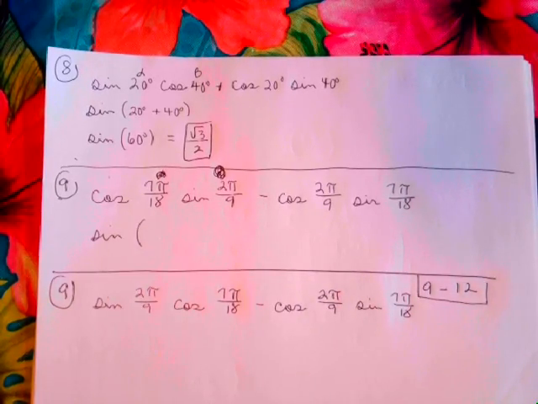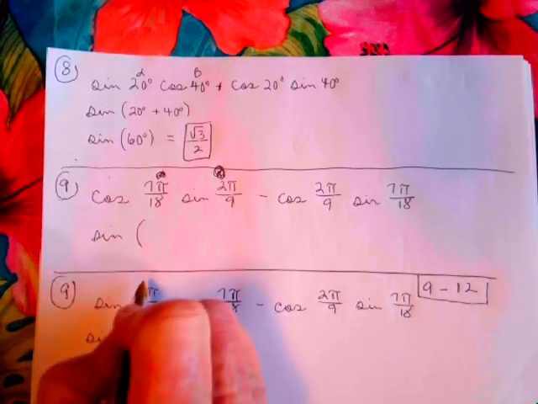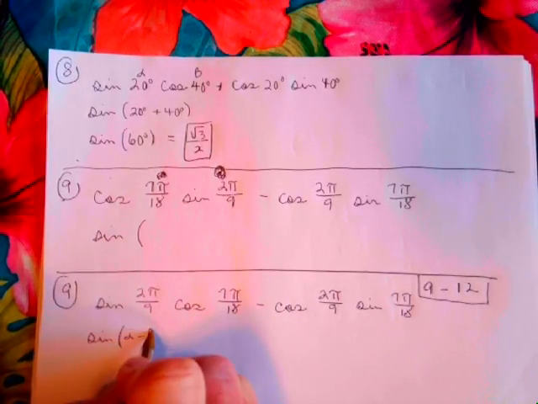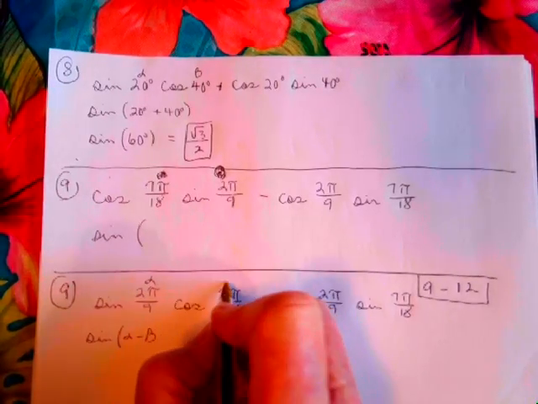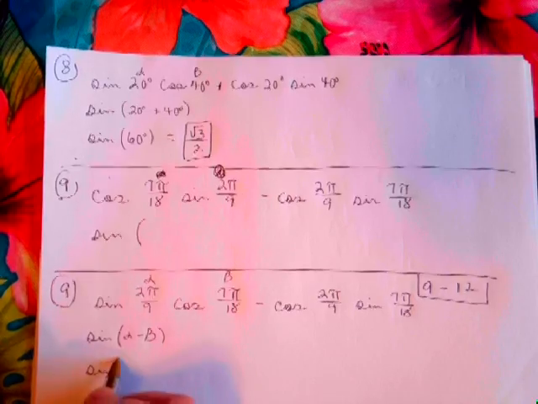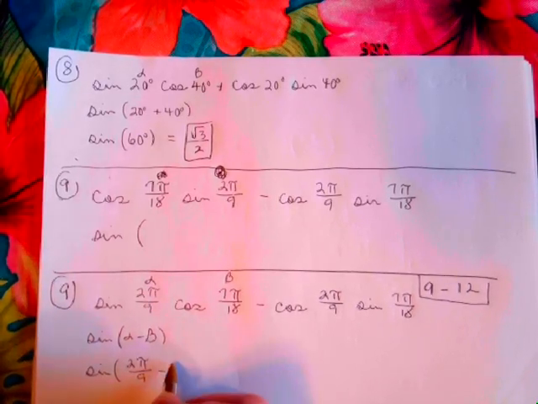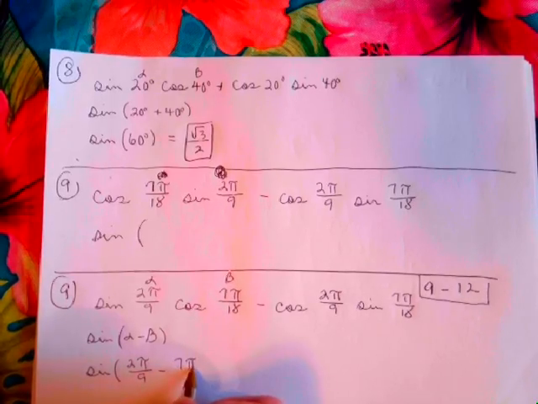I know that this is the sine of alpha minus beta. Here's my alpha, here's my beta. I have the sine of 2 pi over 9 minus 7 pi over 18.